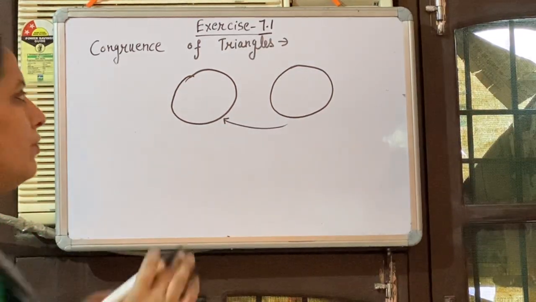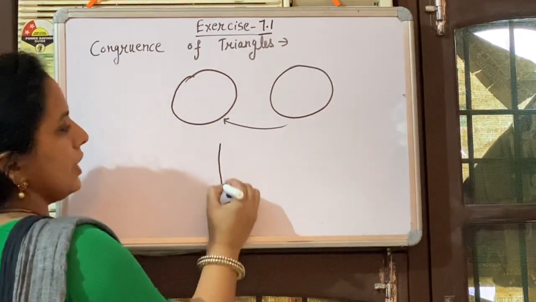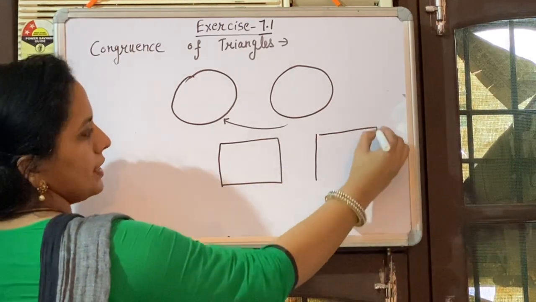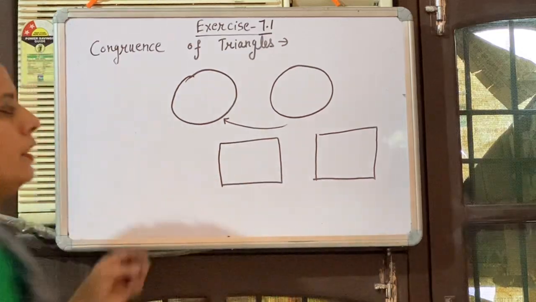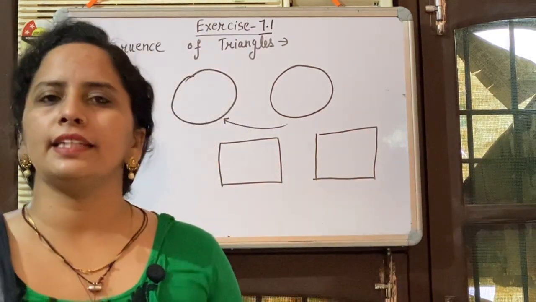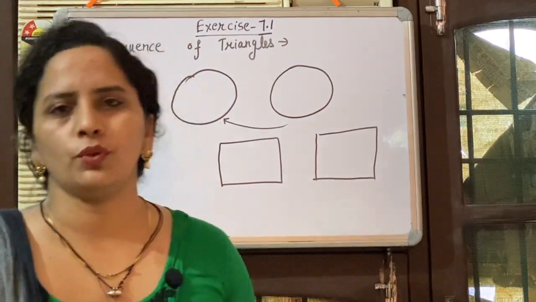That means if we put any shape on another shape such that they cover each other completely, then we say that these two figures are congruent.